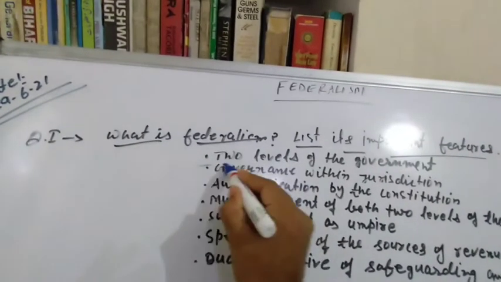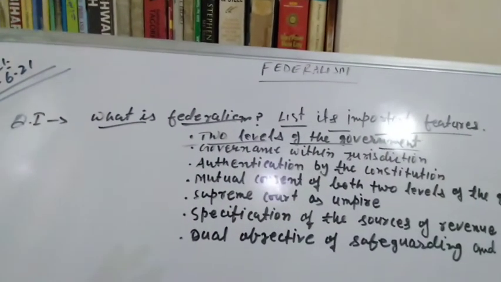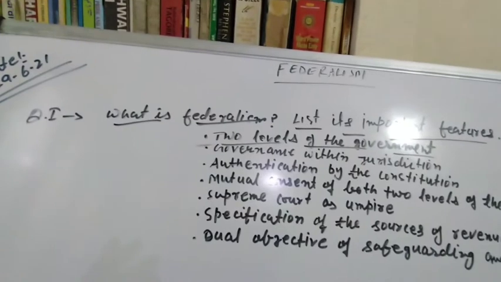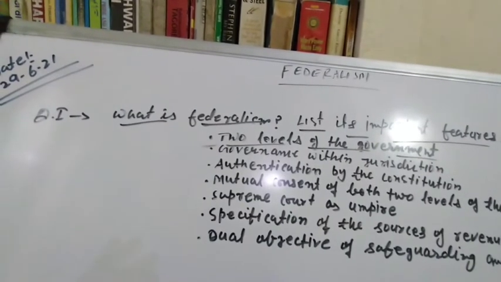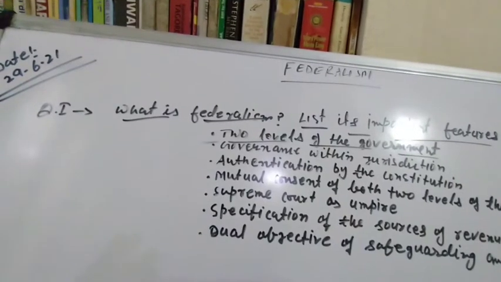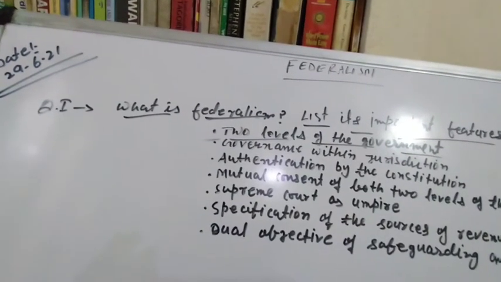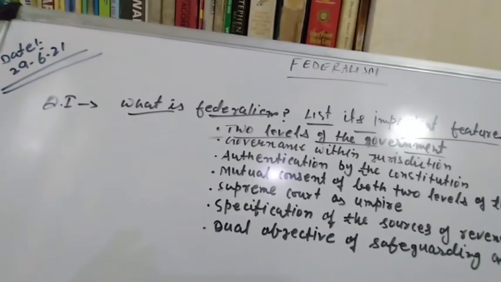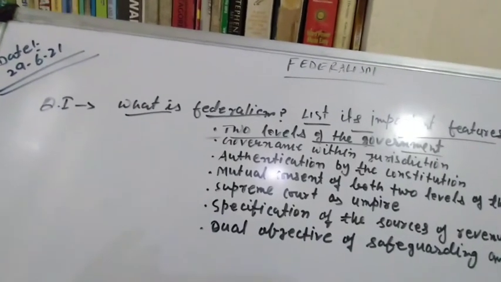First point is two levels of the government. In simple words, there are two types of government in federalism. One is the central government, that is responsible to make and execute laws for the entire country, and another is responsible to make and execute laws within a particular state.